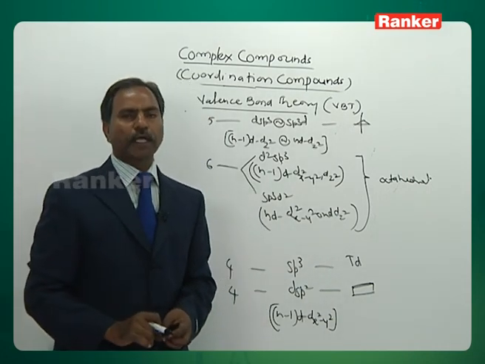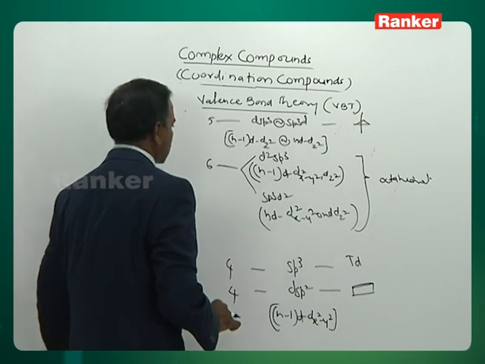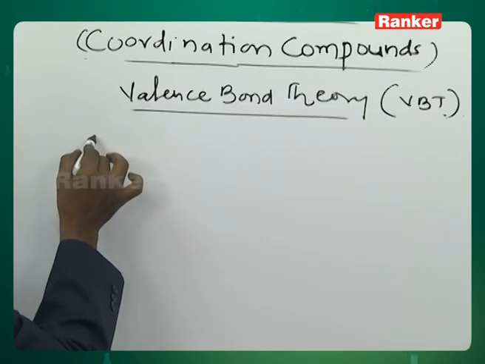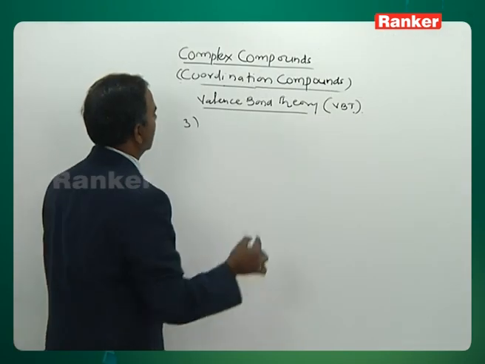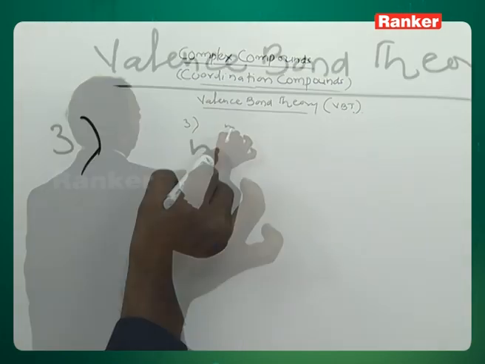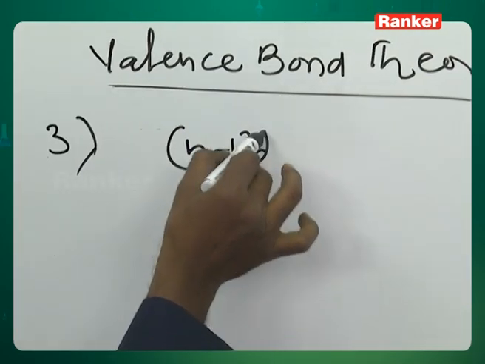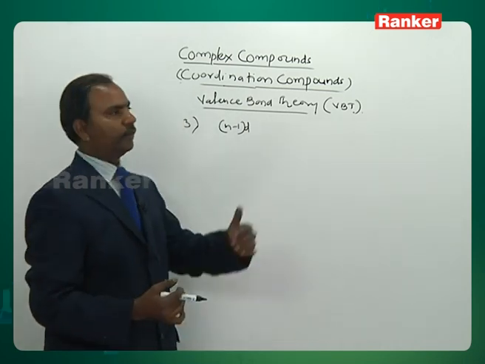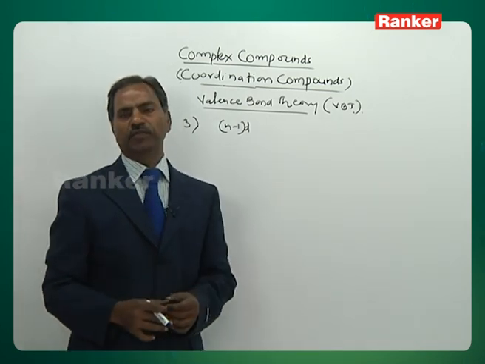Next, let me discuss the third postulate under valence bond theory. In the hybridization, if inner orbitals are involved, we represent that by (n minus 1)d.